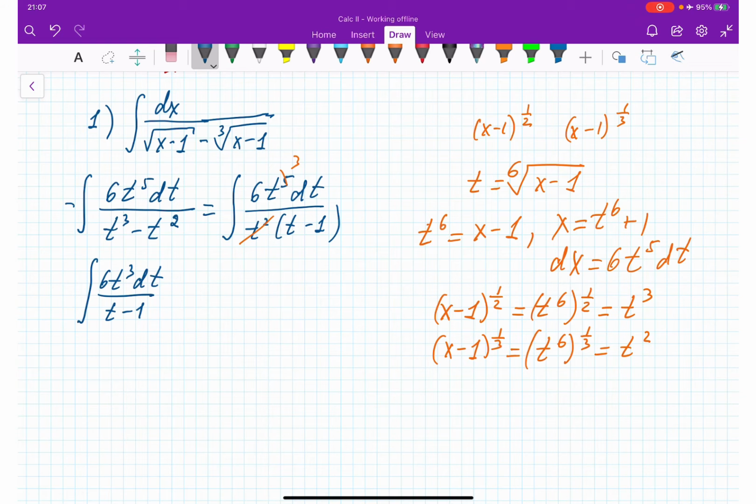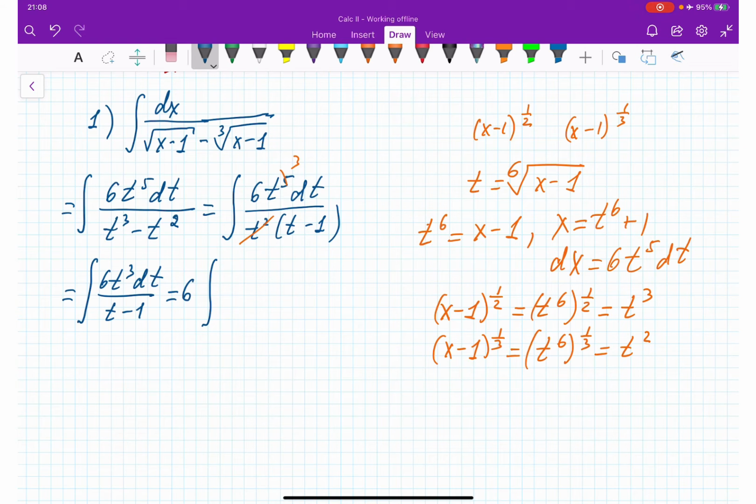And let me put an equal sign everywhere because they all are equal to each other. Now, I understand that 6 will come out. That's not an issue at all. But t cubed divided by t minus 1, what can I do? At this point, for this form, there is nothing much to do. Therefore, I'm going to bring t cubed into communication with t minus 1.